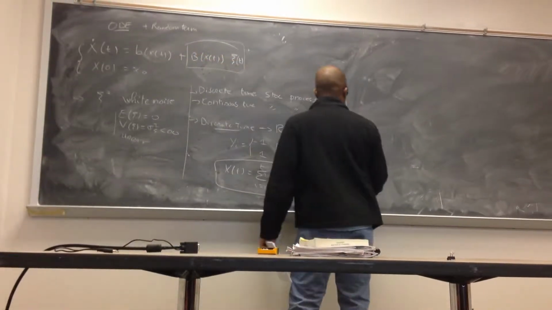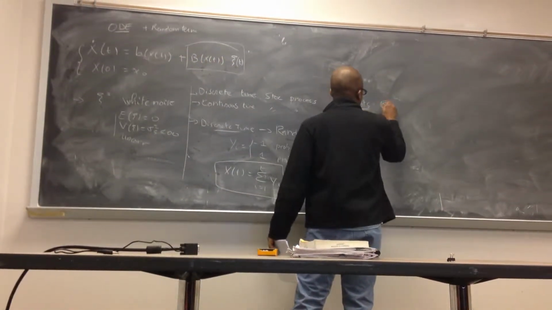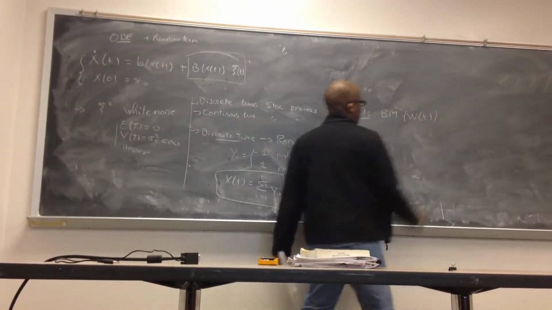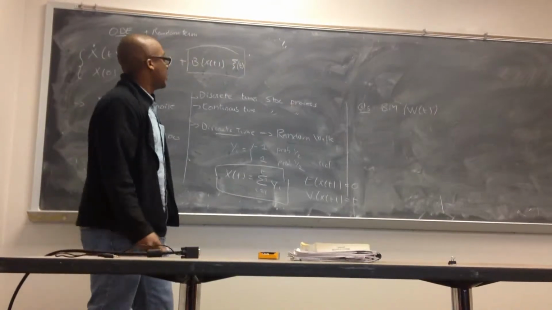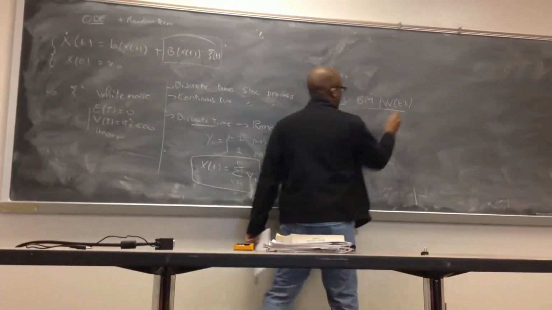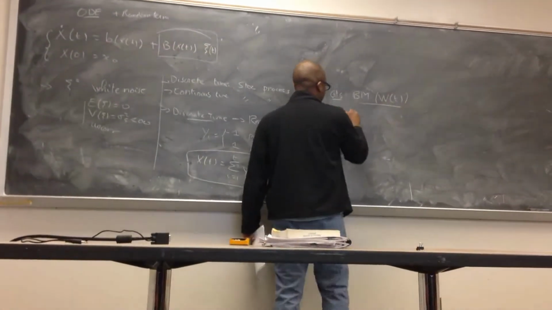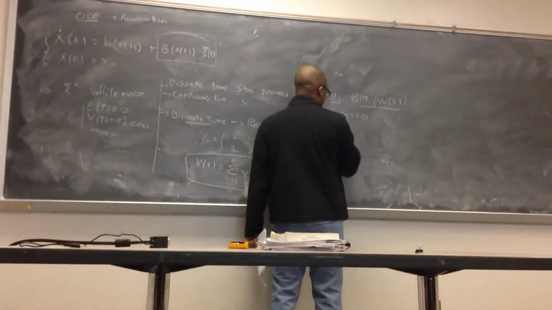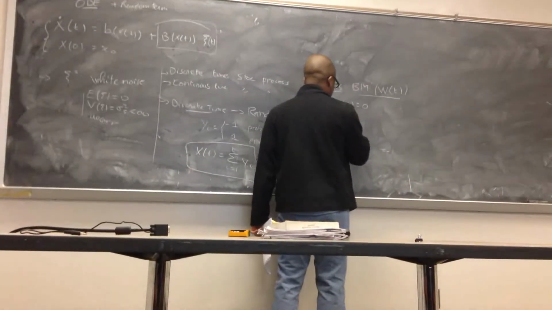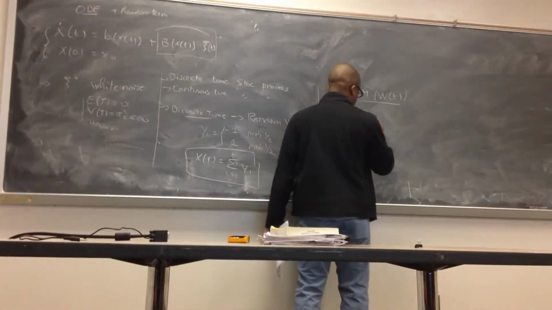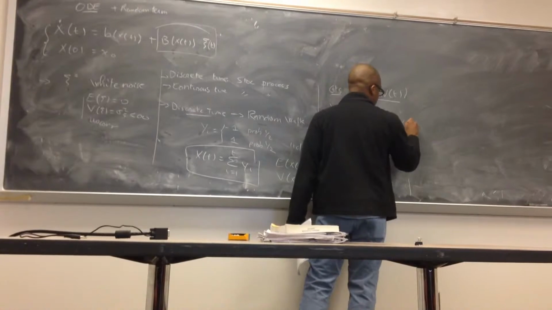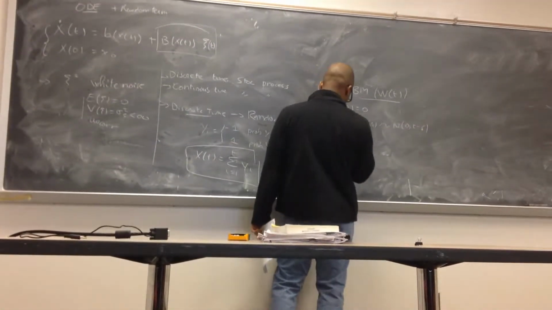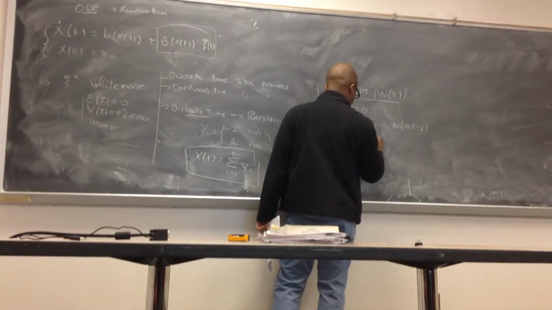So the continuous one is the Brownian motion, or the Wiener process, which we generally denote by W_t. It can be defined like this: at 0 it gives you 0, the increments follow a normal distribution N(0, t minus s), and it has independent increments.